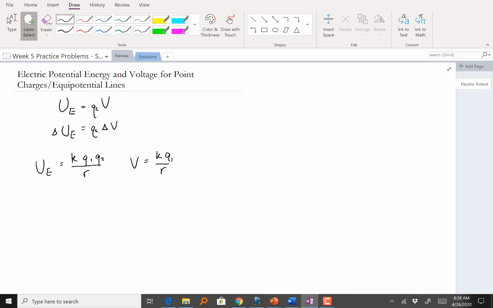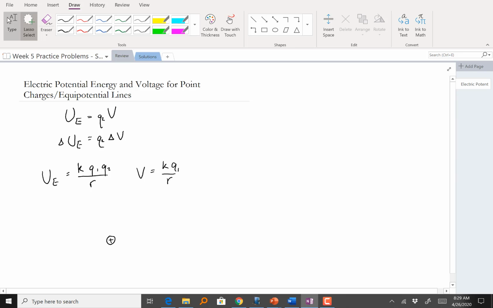And then last, we were talking about equipotential lines, right? These lines that we're noting where the potential, the voltage, is equal. And we said that for single point charges, to get a line that describes where the voltage is constant, we have to hold r constant. And if I hold r constant, I'm going to end up with a circle.